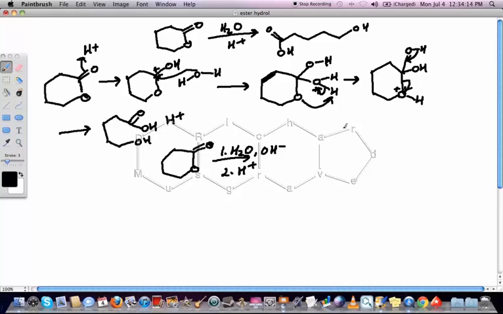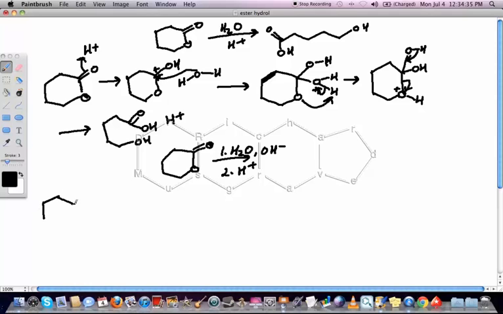And that would be the mechanism for the hydrolysis of a lactone. And again, I'm still trying to convince you here that it's following the same pattern as ester hydrolysis. Go back and take a look at the mini lecture for ester hydrolysis acid, and you'll see what I'm talking about. Alright, let's go take a look at the basic mechanism now.